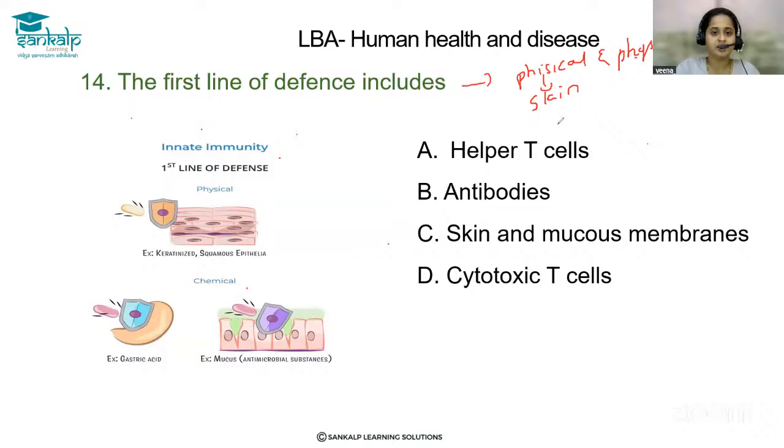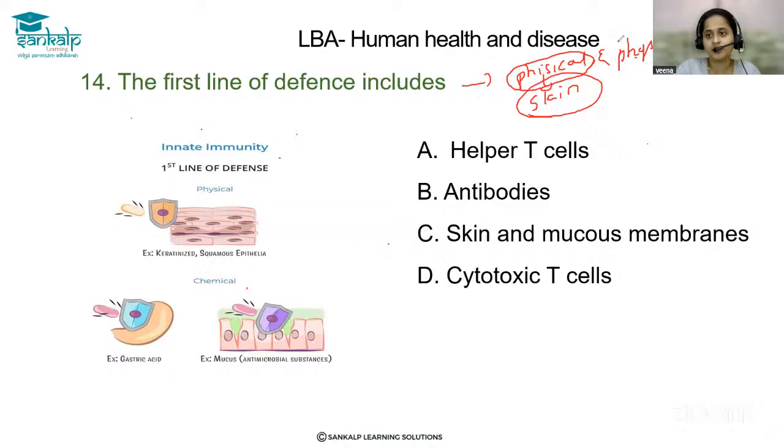Allergic reaction is the best example. When there is an allergy, the mast cells of the skin release histamine that acts against the allergy. That is the first action against the infection, through the physical barrier.